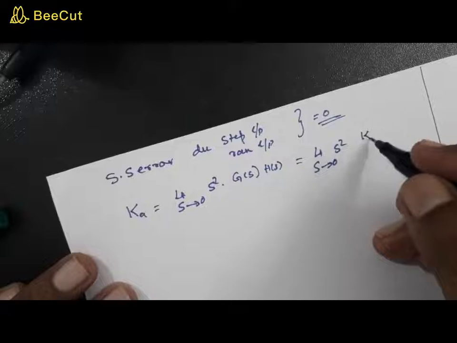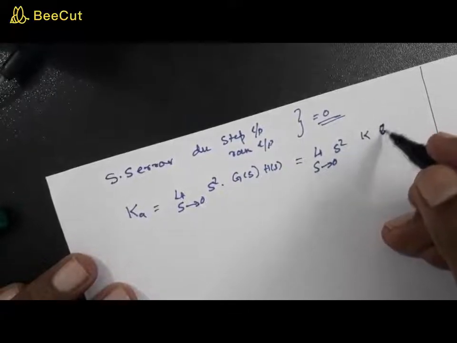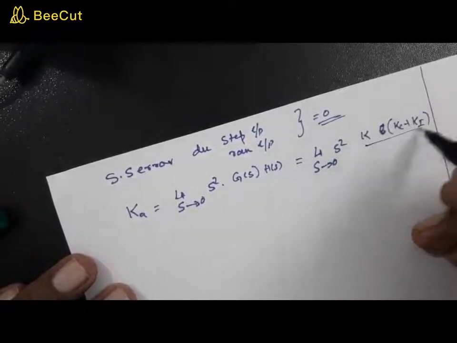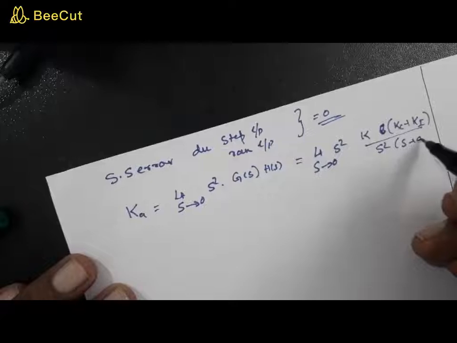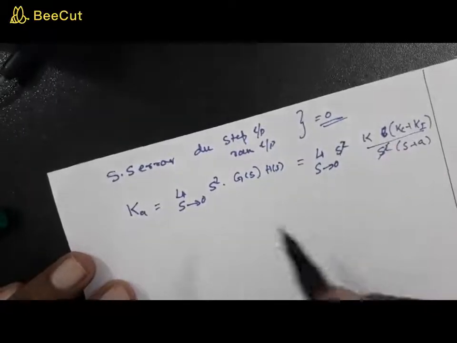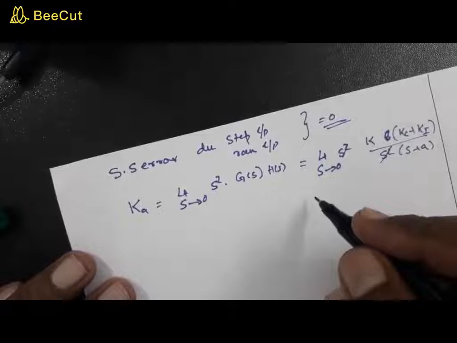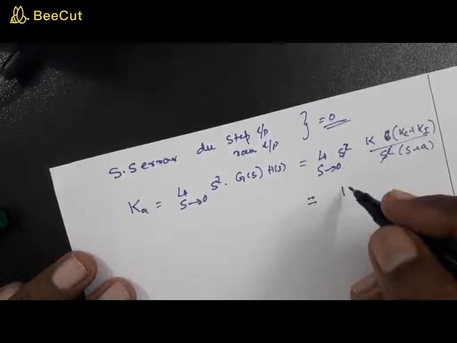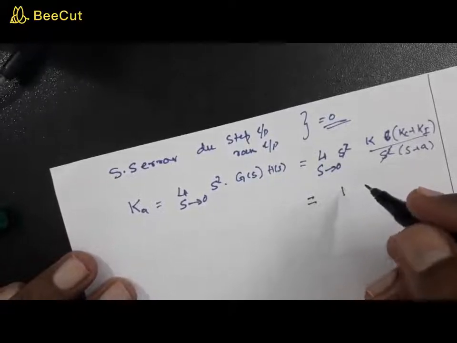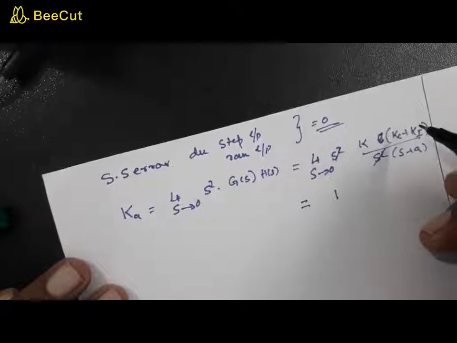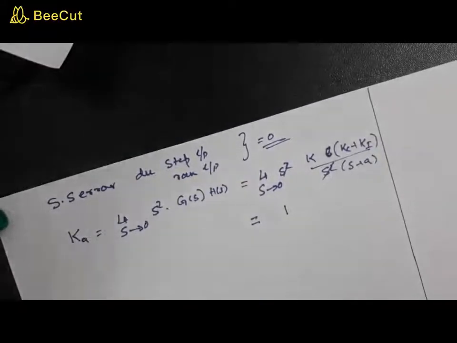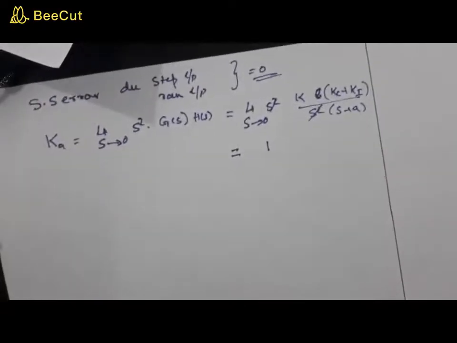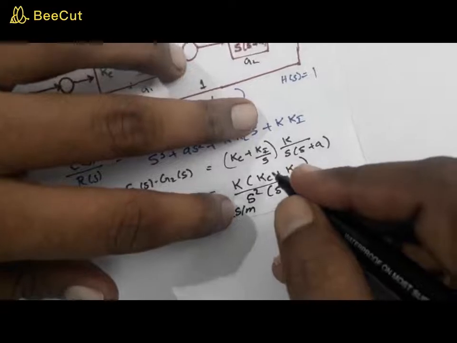You can write this as k into (kc s plus ki) divided by s square into (s plus a), right? The s square and s square get cancelled. Okay, there is a mistake here.